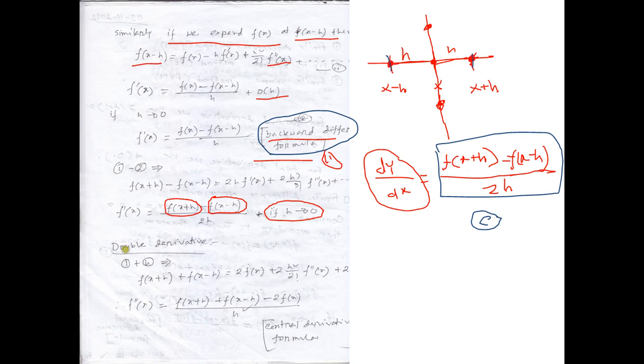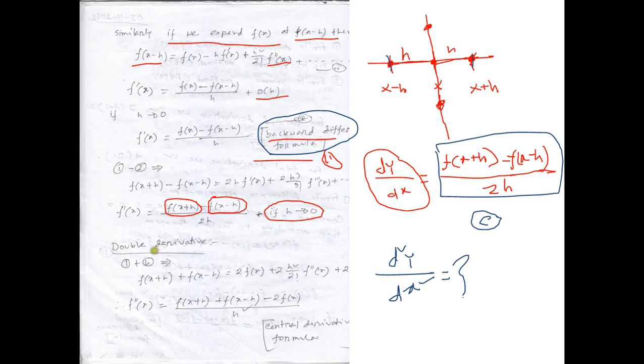Okay, now the double derivative. How can we replace d square y divided by dx square? We are going to derive this formula.